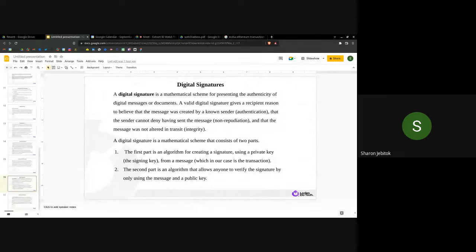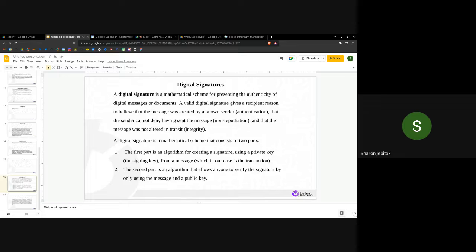The algorithm will just use the private key and the transaction itself to create a signature. And then the second part is an algorithm for verifying the signature.